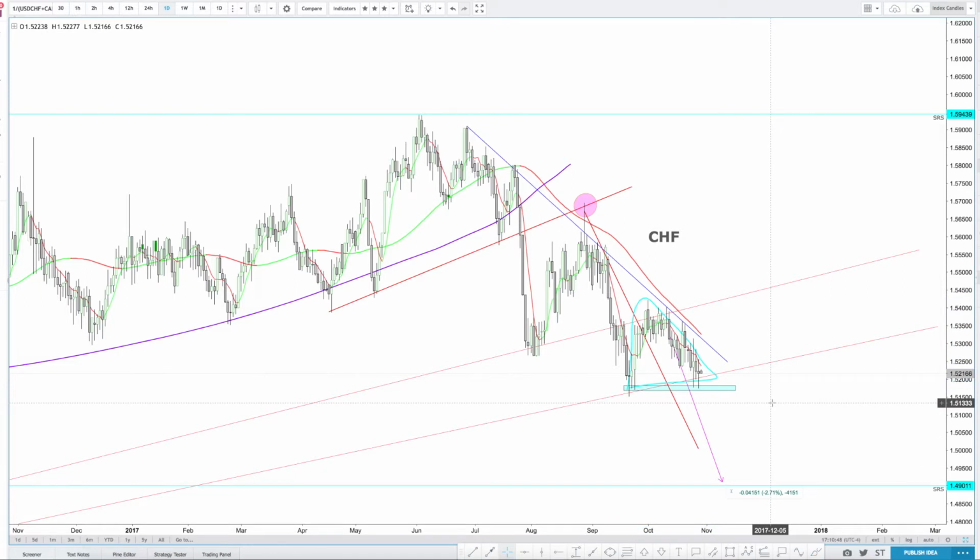Okay. Yeah, if we fail to break this support, we could expect it to break upwards and then go higher. So we're going to be watching it. I'm not going to write down anything for Swiss franc, because it's pretty trapped right now. So I'm not interested in it at this point.